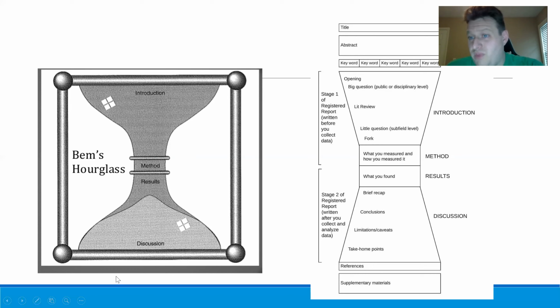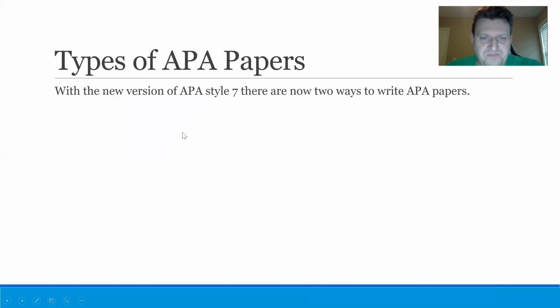People that are just reading your article for the most part really care about this: this is the hook. Why should you read the paper? Why is this important? And you should leave them with the important take-home message here at the end of the discussion. So think about it as an hourglass type shape when you are writing your APA paper.